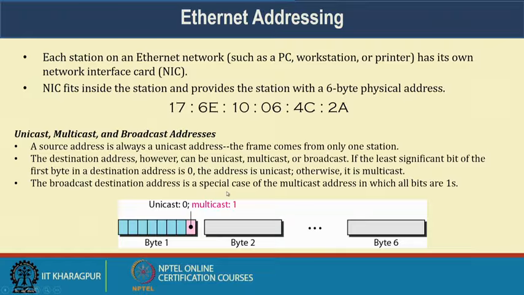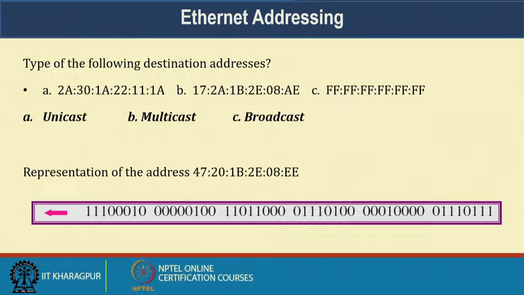A broadcast address is a special case of multicast in which all bits are 1. What does it mean? That all these are 1s. In other words, this is FF, FF, FF, FF, FF, FF, right, six FFs. That is the broadcast, a special case of multicast.